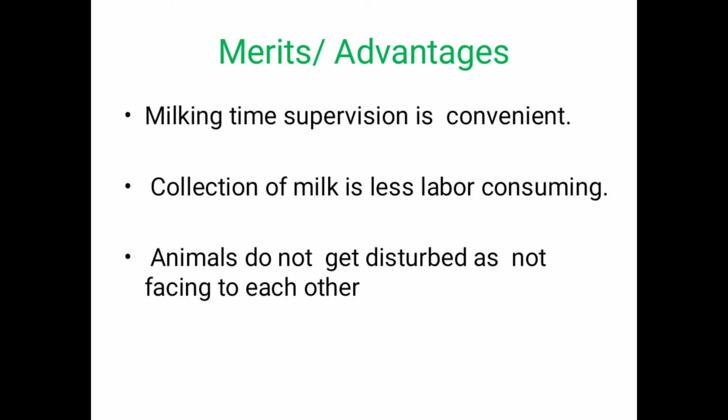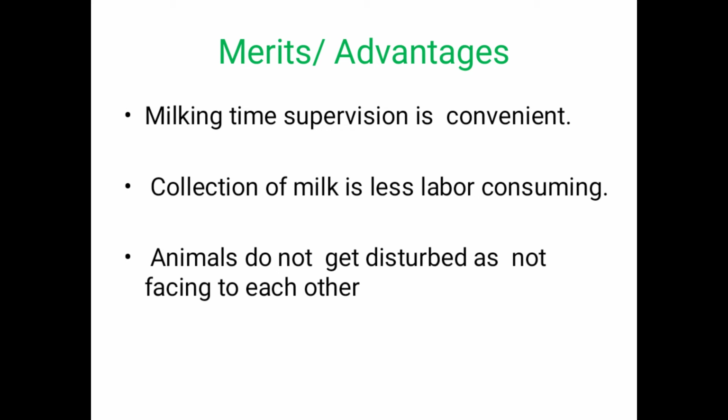And the second one is, collection of milk is less labor consuming. The workers or milking men who are collecting the milk, of course by using the milking machine at the organized farms, have to move only from the central alley, and after milking one row, the next row can be easily milked.